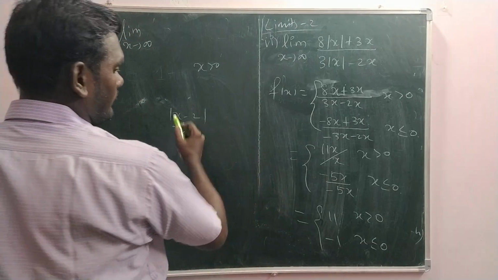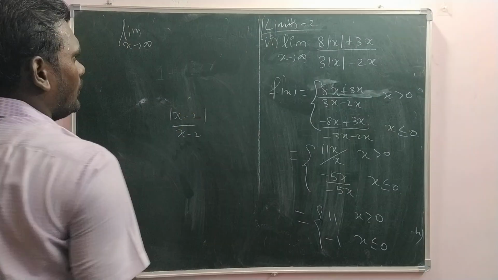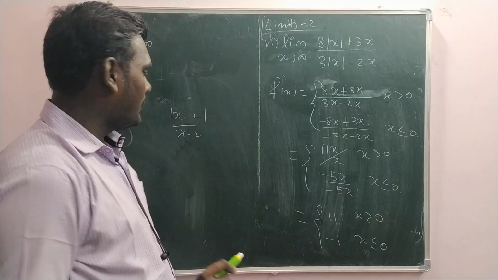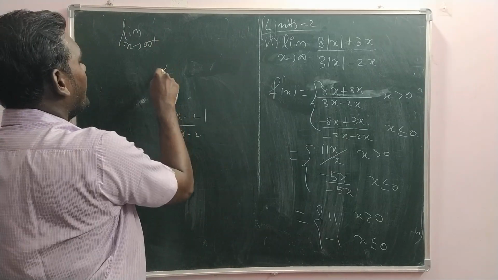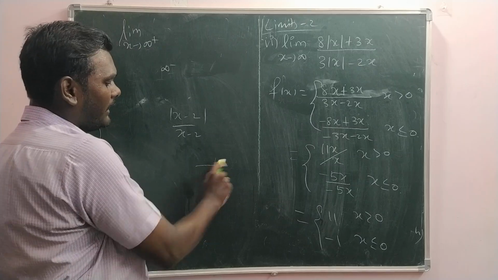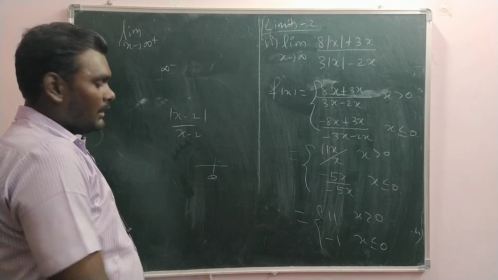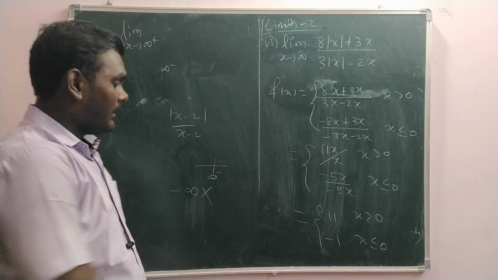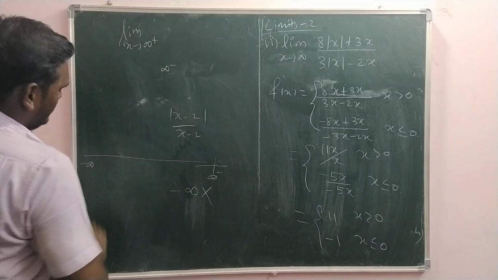It is not negative infinity, it is positive infinity. That is where the thing is. It is infinity plus, infinity minus, you can say. That means before infinity, after infinity. But infinity minus and minus infinity are not same. Minus infinity is somewhere else.